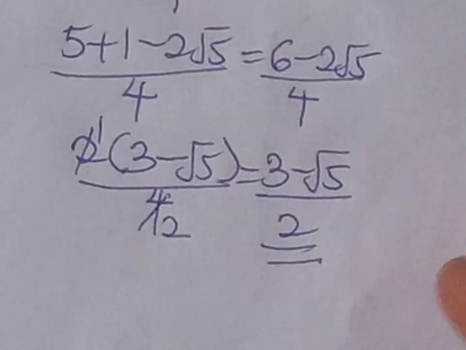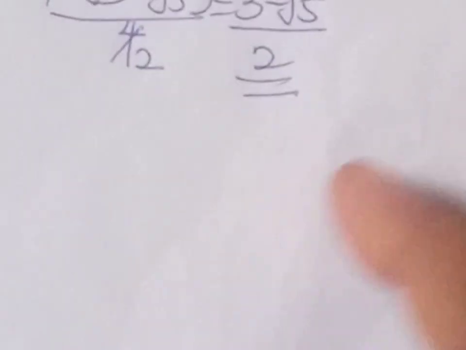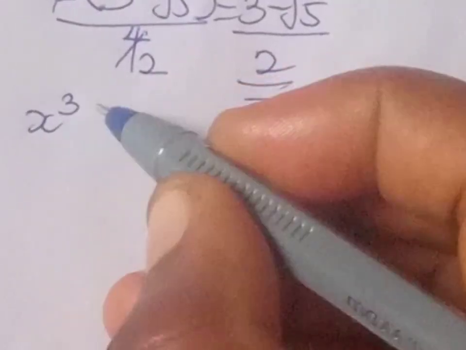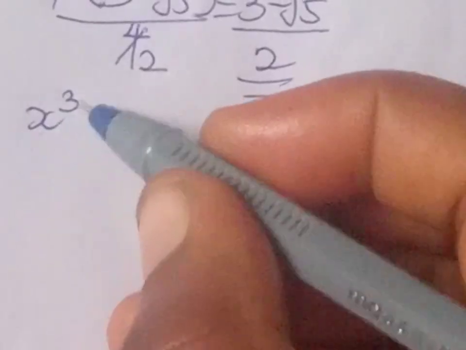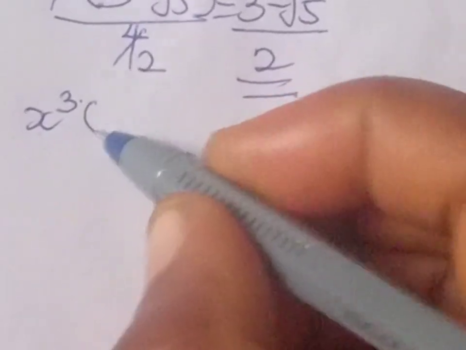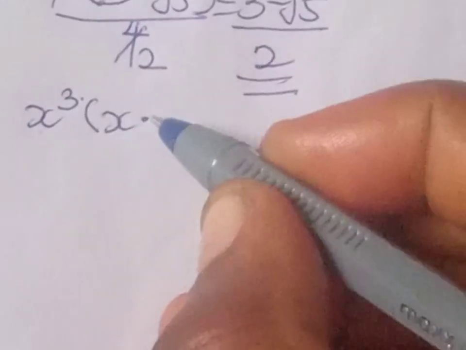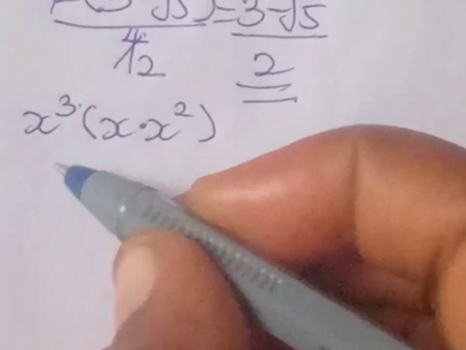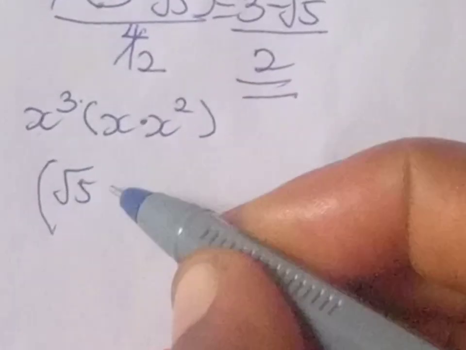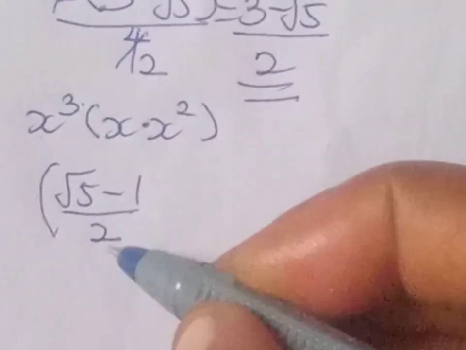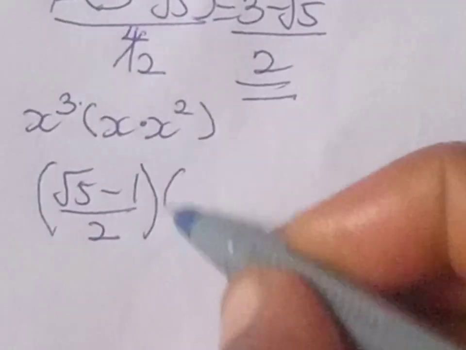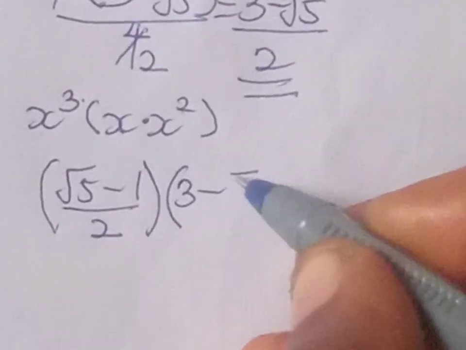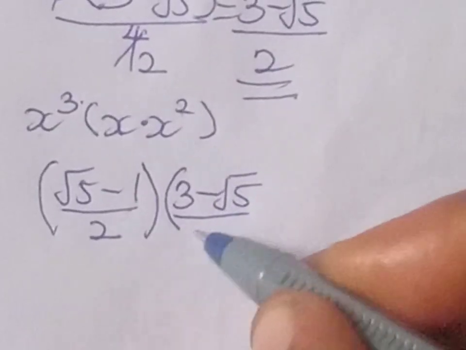Now let's calculate x cube, that is x raised to the power of 3. To calculate x cube, which is x multiplied by x square, we have (square root of 5 minus 1) divided by 2, which is our x, multiplied by our x square, which is (3 minus root 5) divided by 2.